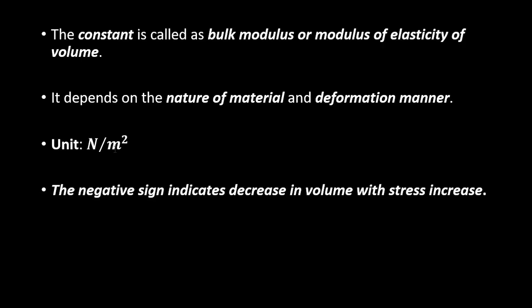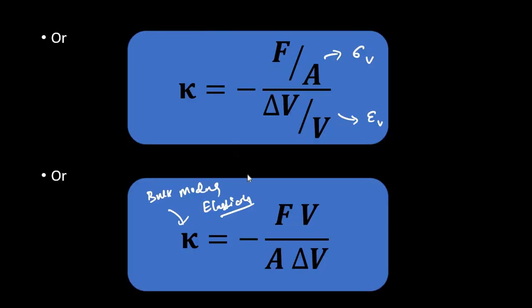Young's modulus of elasticity is also Newton per meter square. Bulk modulus of elasticity is also Newton per meter square. Again, as I said, the negative sign indicates a decrease in volume with stress increase. As the stress is increased, volume decreases.